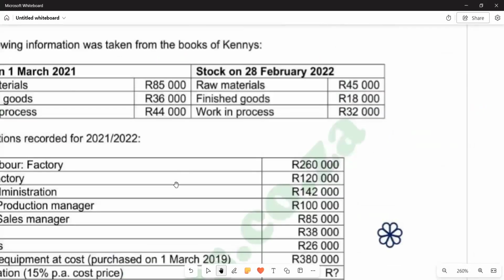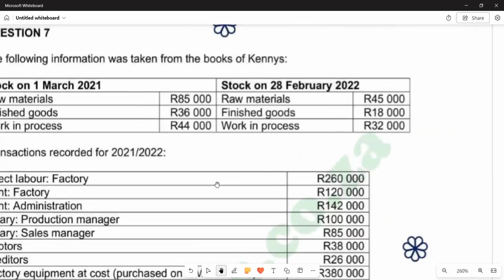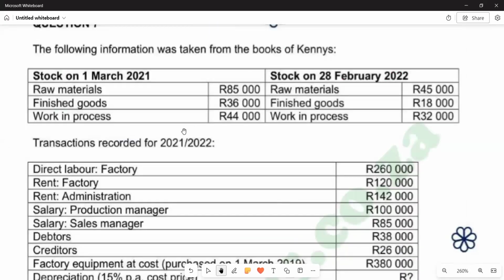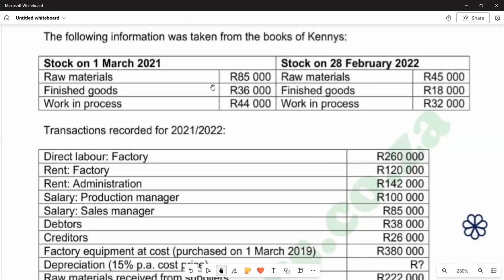Go to the beginning of the question, and you see that we are here. These are the balances for the opening and the balances for the closing. On the opening, we are concerned about the raw materials in the beginning of the production cost statement. So we are saying 85,000 represents the opening inventory.